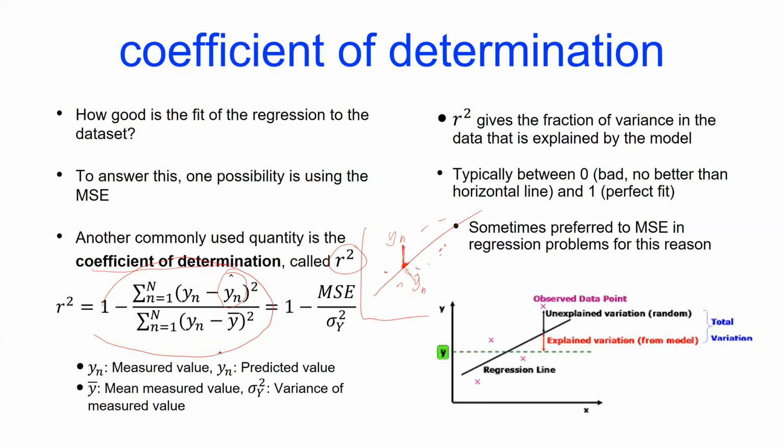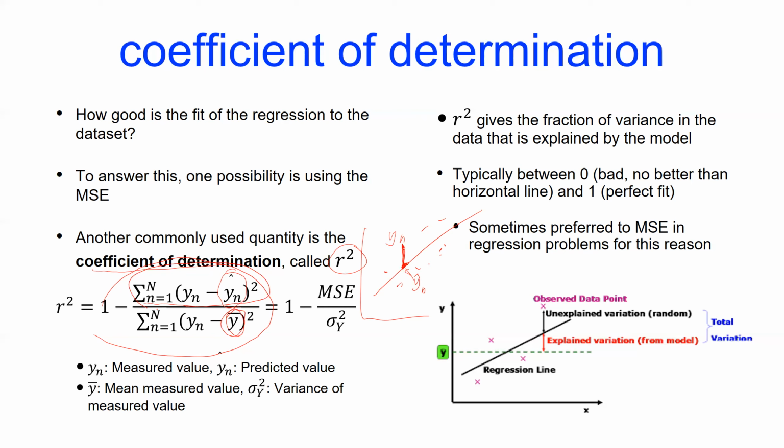So this small deviation will be y_n minus y hat n. Okay. So the y bar here is the average over all y_n. Okay. So as you can see here, the upper part is your mean square error, right?